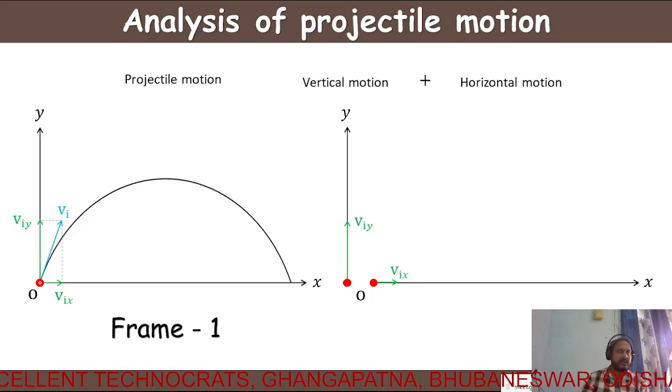What are the components? That is v cos theta along the horizontal, and v sin theta along the vertical. This is the same resolution concept from statics which you have studied.